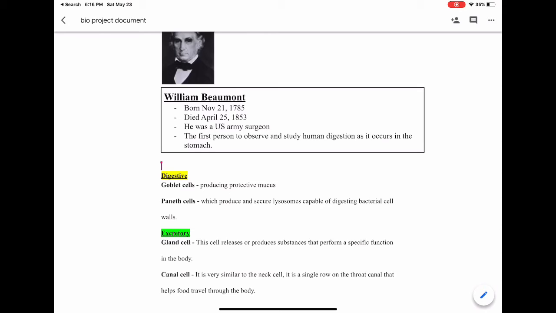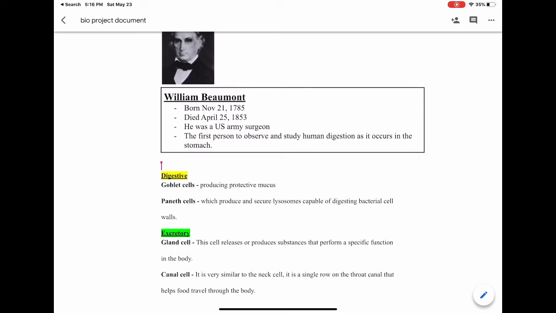The next cell in the digestive system is a Paneth cell, which produces and secretes lysosomes capable of digesting bacterial cell walls. So we need Paneth cells to make sure that lysosomes are secreted and our cell walls don't get eaten by bacteria, and that they're able to keep working.